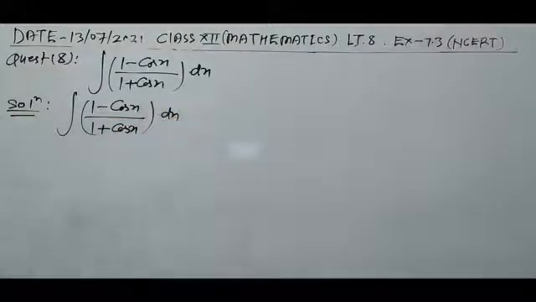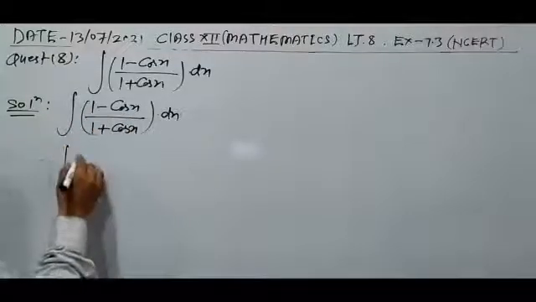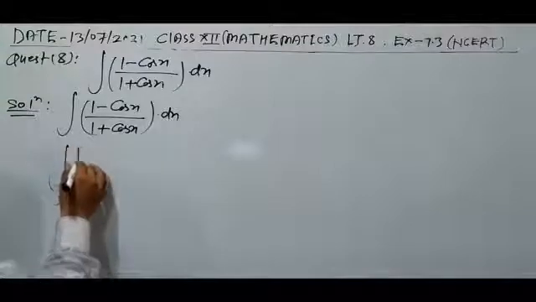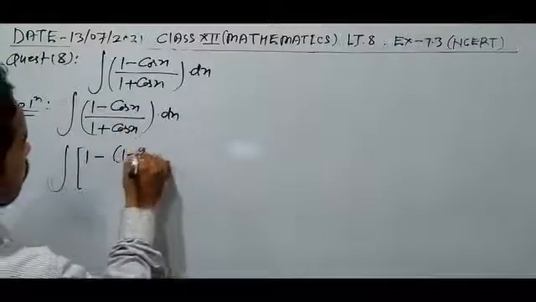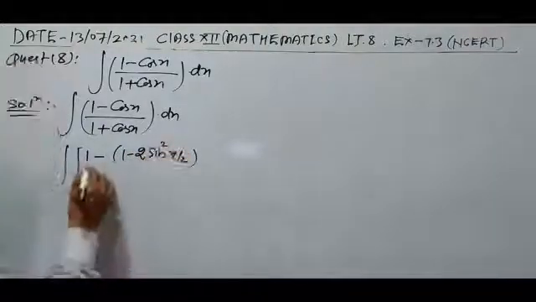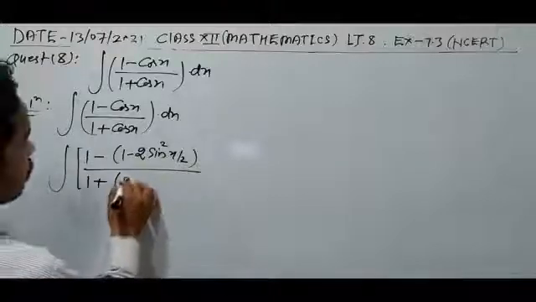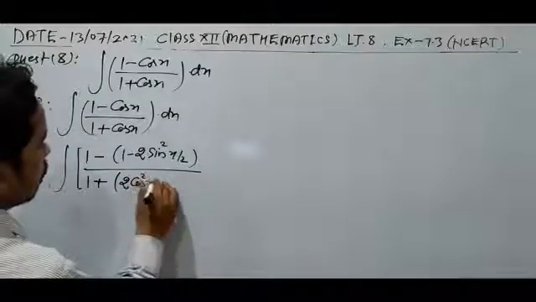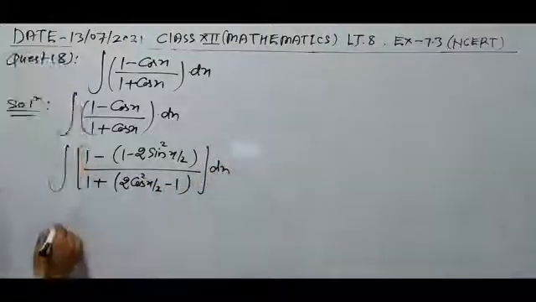So you know the formula. Cos x can be written in terms of sine, that is 1 minus, this cos x can be written as 1 minus 2 times sine square x by 2, and this cos x can be written as 2 cos square x by 2 minus 1 dx.